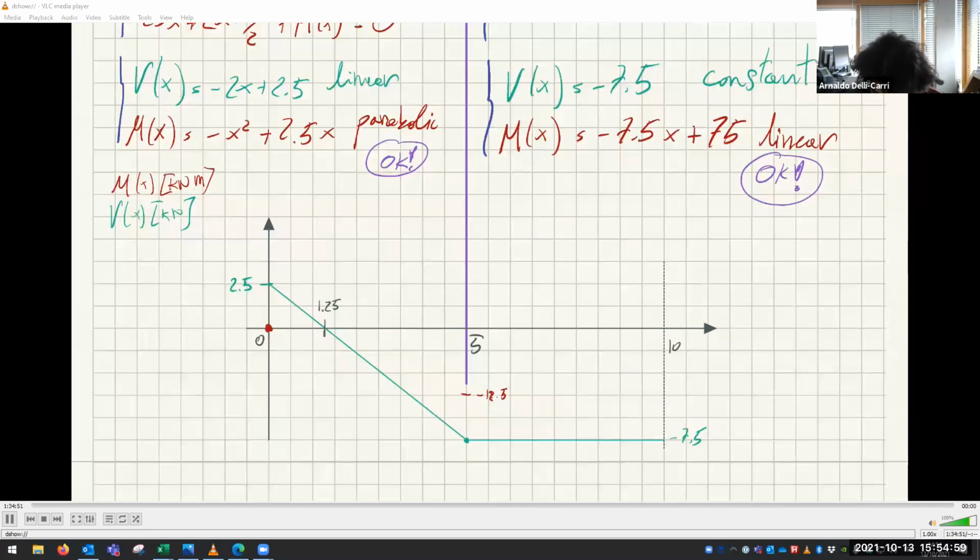So it's minus 1.25 squared plus 2.5 times 1.25. It's 1.56. So let's say it's here. We put this here. So the parabola looks like this.